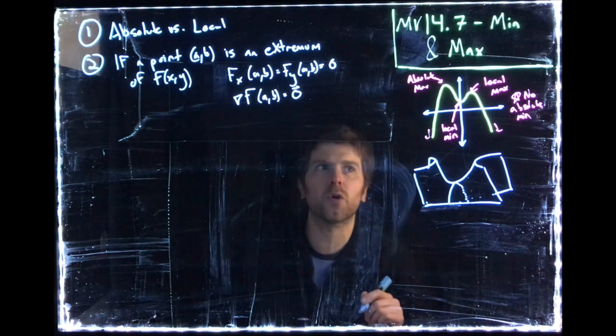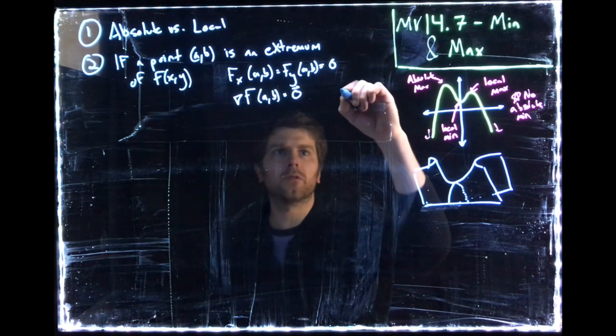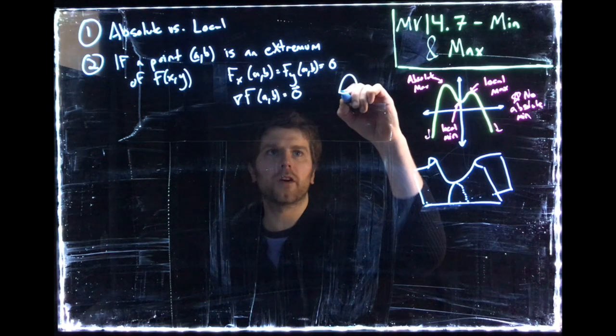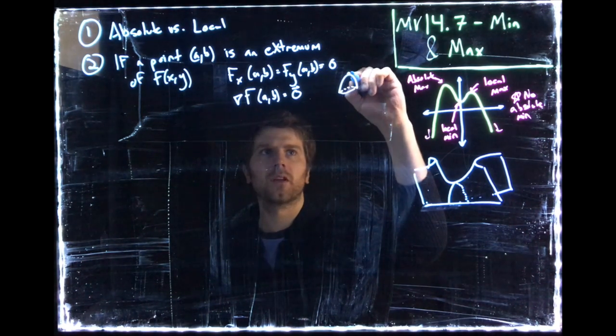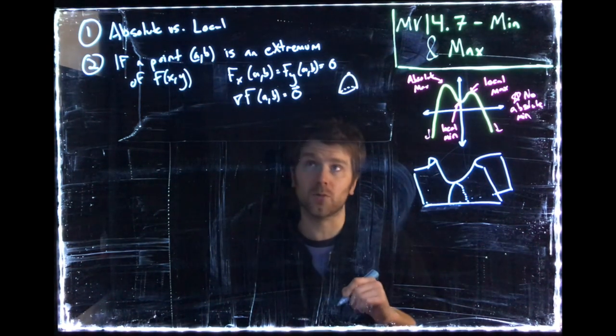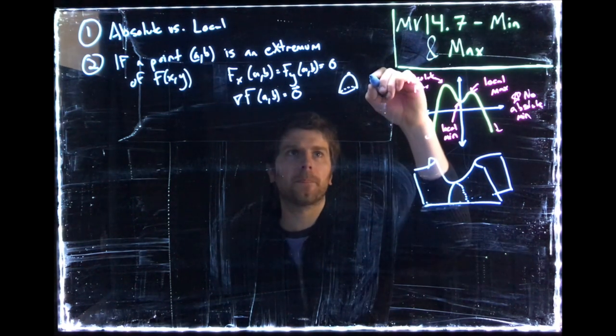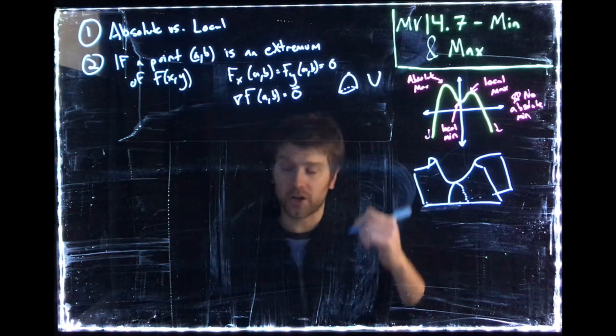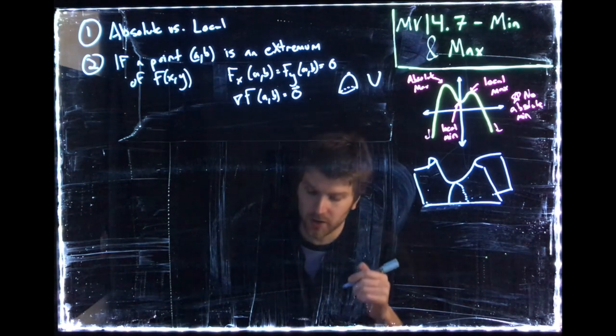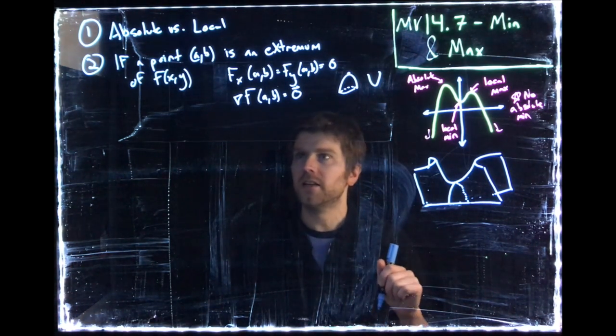And maybe one way to think about that is that if you're at the maximum, you can't go uphill anymore. There's no direction that's uphill. Or if you're at the minimum, every direction is uphill, so there's no special direction. So our gradient has to be 0.